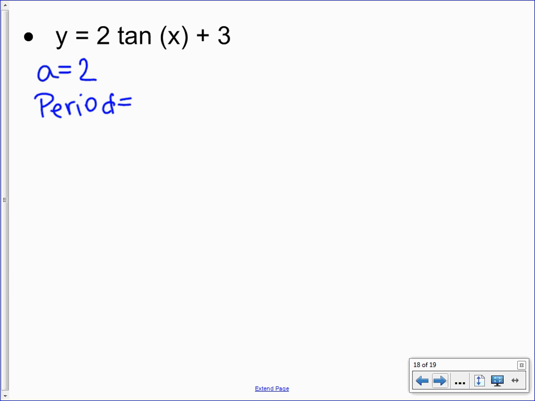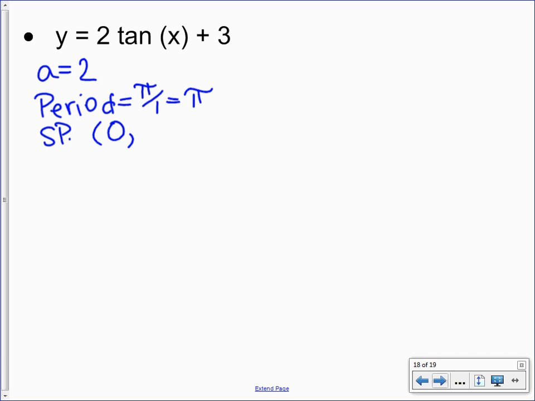We then need our period. We calculate the period by taking pi divided by b. And what is b? So our period is pi. Our starting point, C over B. What's our C value? There is not a C value, so it's 0.